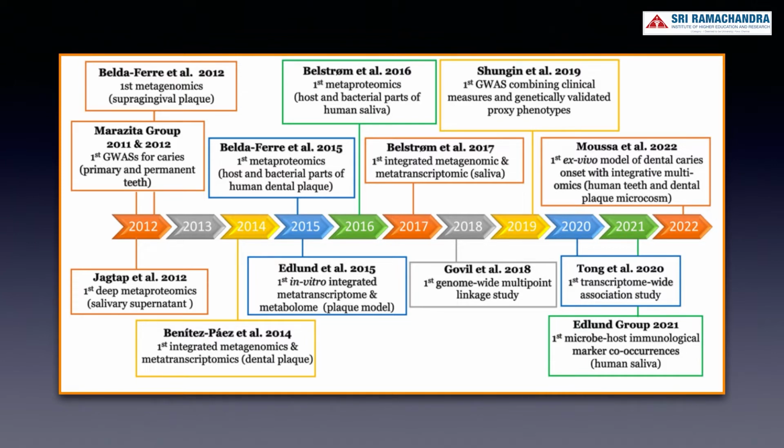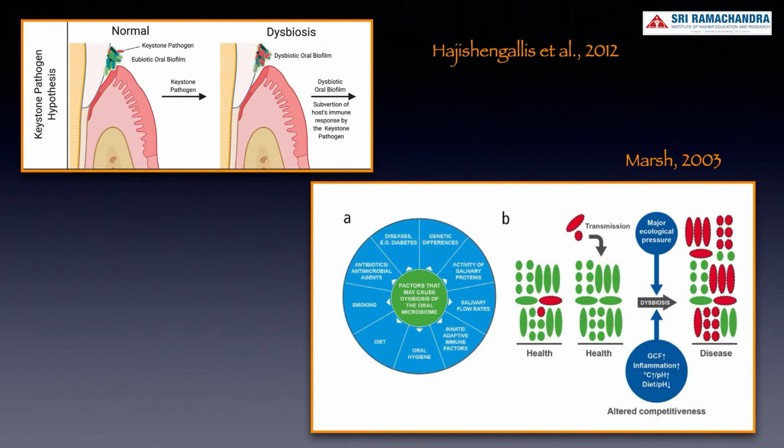They provide better insights into the etiology of dental caries. The keystone pathogen hypothesis, as proposed by Hajishengallis, indicates that it is possible that certain key low abundance bacteria can initiate an inflammatory process and change a normal microbiome into a dysbiotic one.